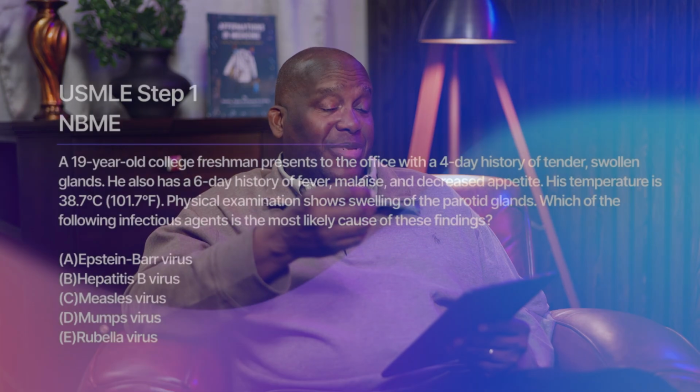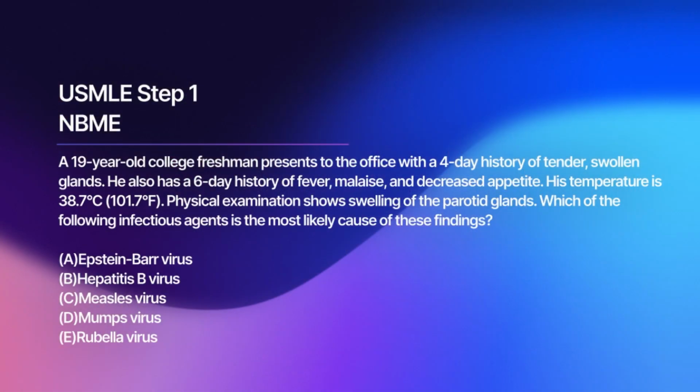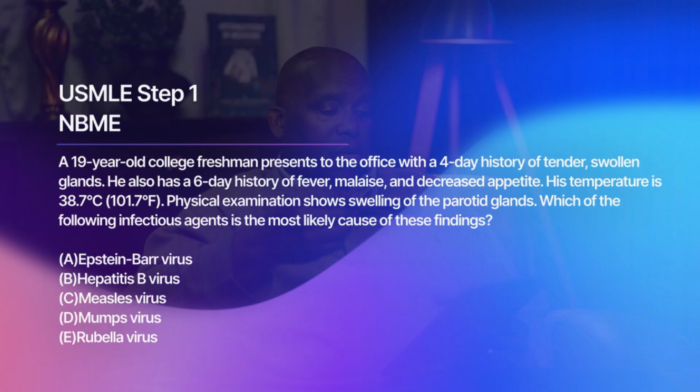Let's say, for example, option D, instead of saying mumps virus, said paramyxovirus, but you didn't know that was for mumps. Then you would ask, is this representative of Epstein-Barr virus? Is this representative of hepatitis B virus? Measles? Rubella? And you wouldn't know what D is.